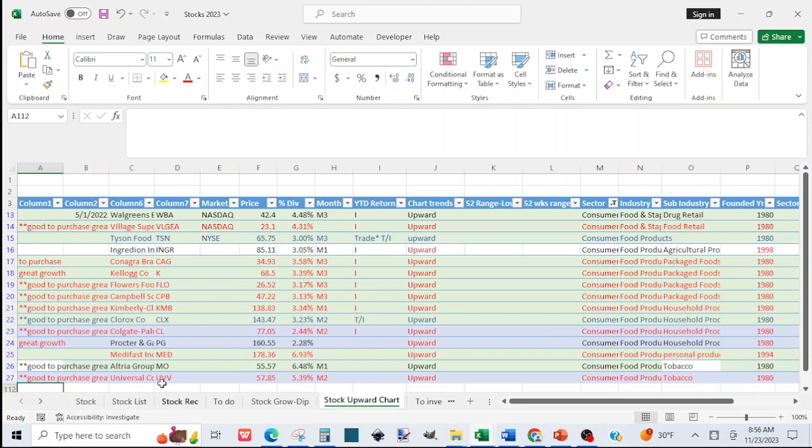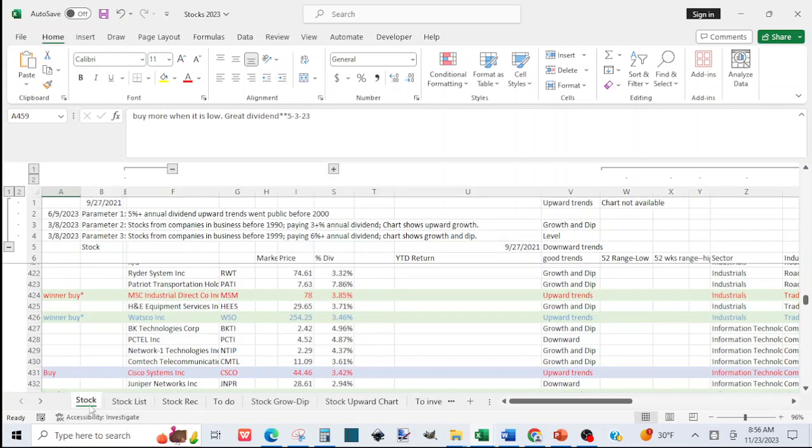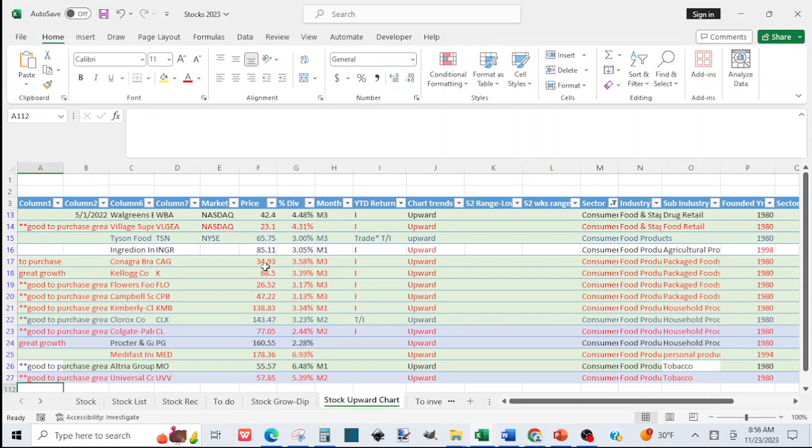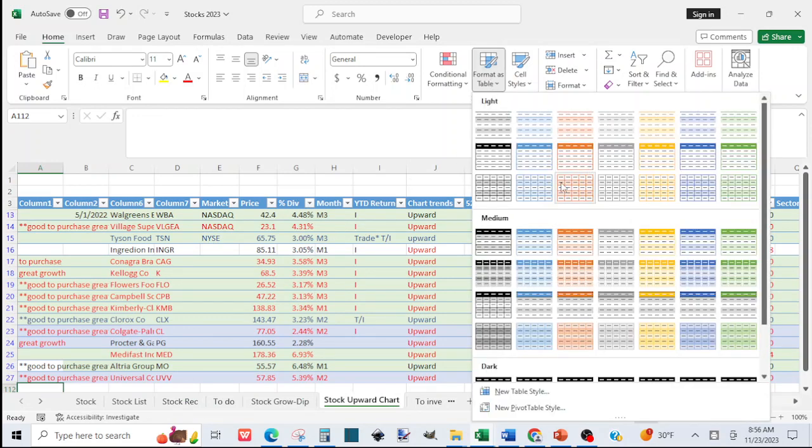And to turn your master sheet into a table, you just select the whole master sheet. You can duplicate your master stock list, and then you turn one into a table by clicking on table.